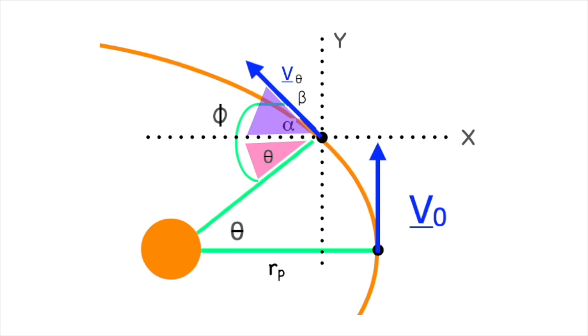We will call the purple angle alpha. Now there are two relationships that we want to take away from this diagram in real space. First, phi equals theta plus alpha. Second, alpha equals 90 minus beta. We're going to use these relationships in our analysis of our dV circle diagram in vector space.